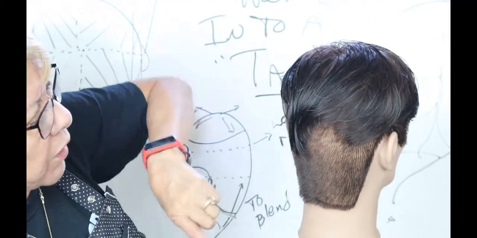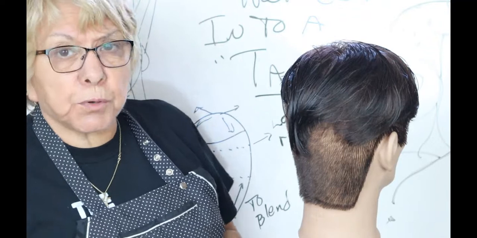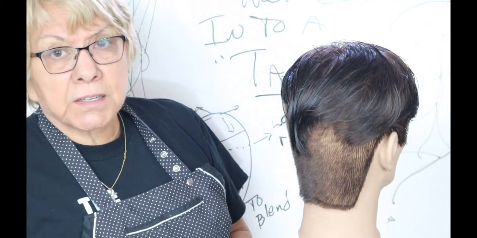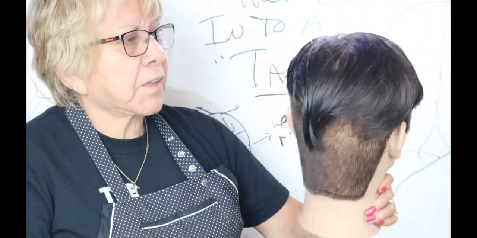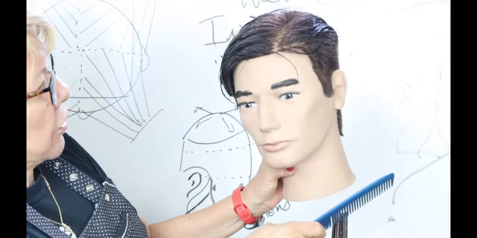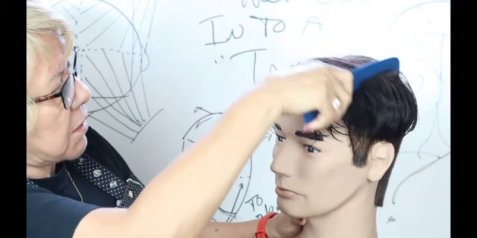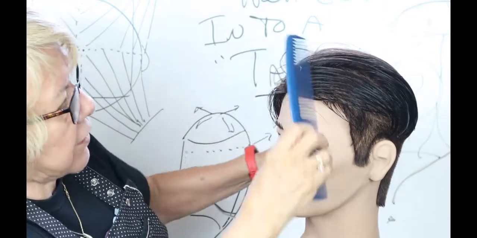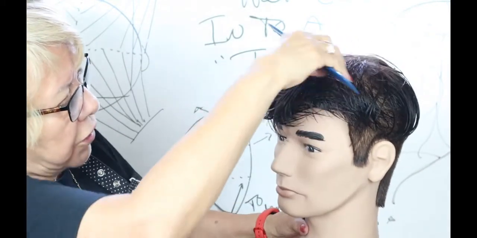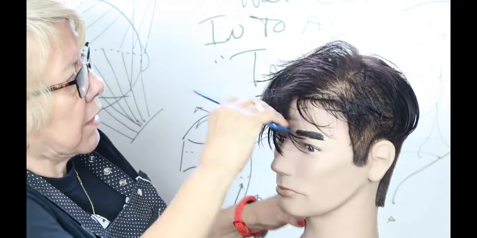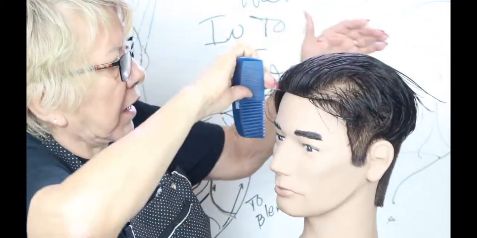Now they might say go ahead and take that off, but if they want to start putting it up in a ponytail, they're going to want that left there. So there you go. You've got your little side part if you want. Part it over to the other side, doesn't matter. Still going to go back. Still have our corner up front, and it just lays nice.